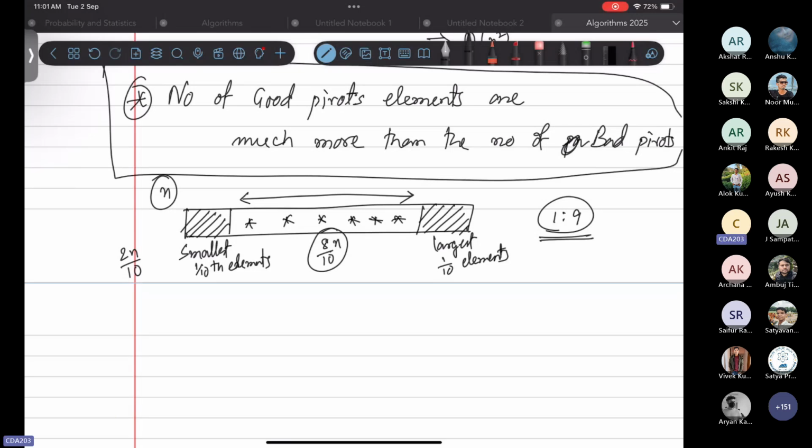So if you compare, the number of good pivot elements is 4 times larger than the number of bad pivot elements. These are the bad pivot elements, and these are the good pivot elements. So the number of good pivot elements is way more than the number of bad pivot elements.